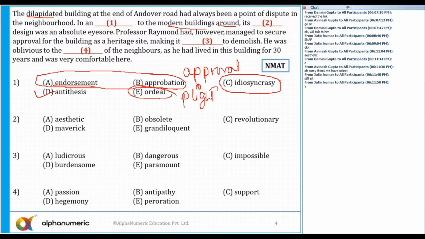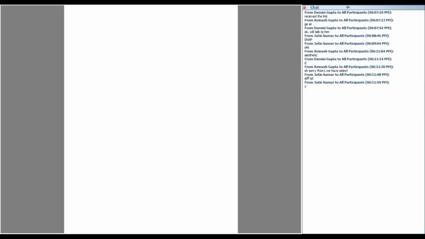Anyone? What is idiosyncrasy? Idiosyncrasy. Yeah, a peculiarity. It is called a peculiarity.